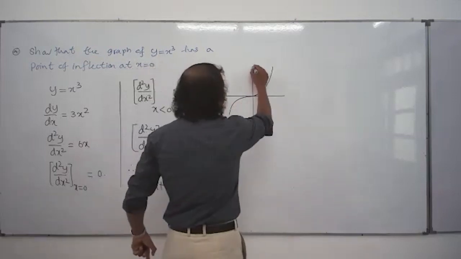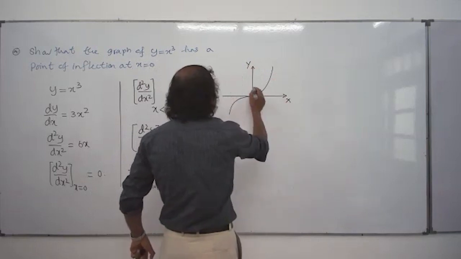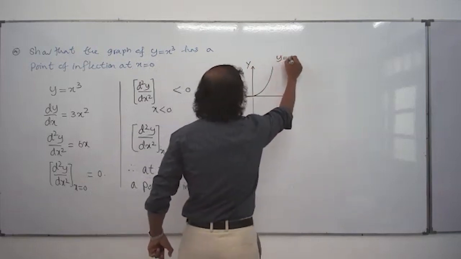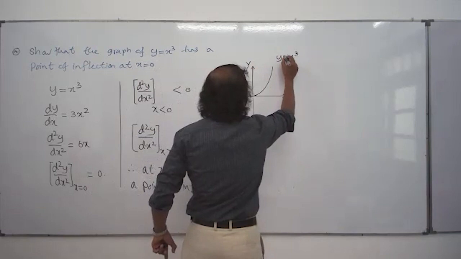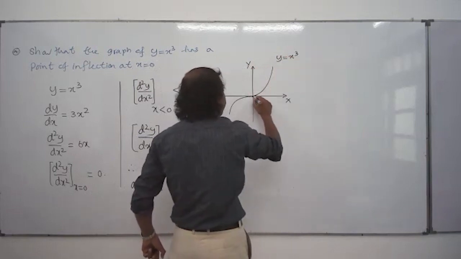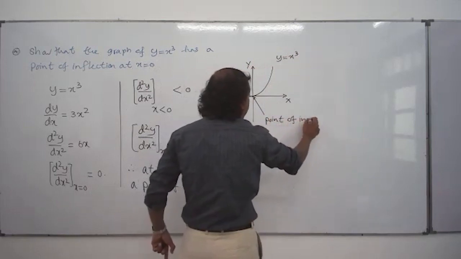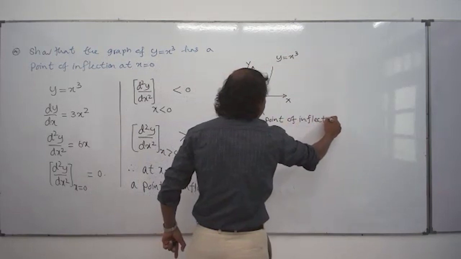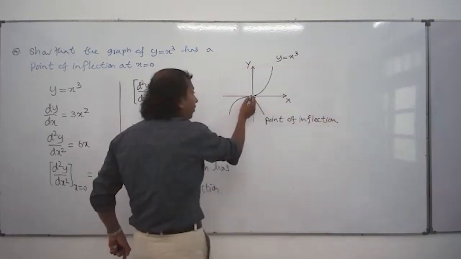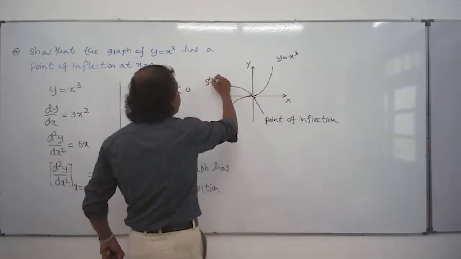Right, draw the graph of y equals x cube also like this. This is the point of inflection, as well as this is a stationary point. Both qualities this time it has.